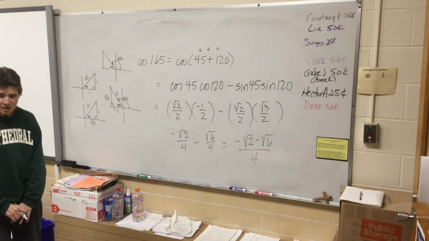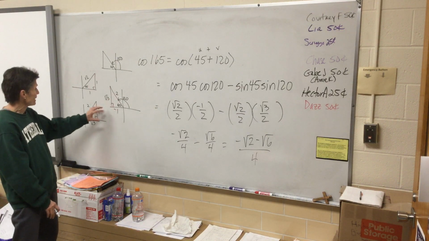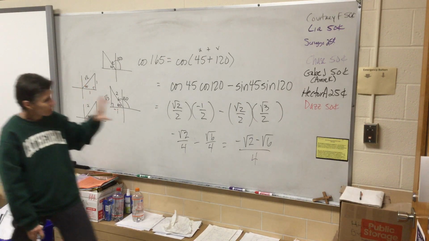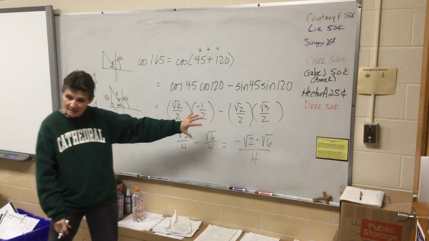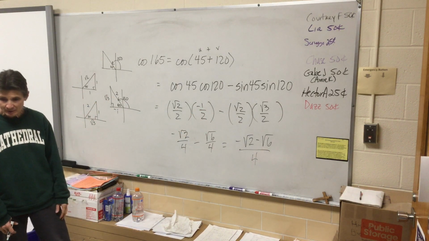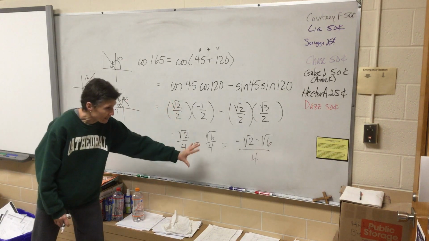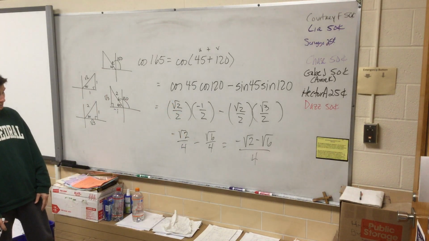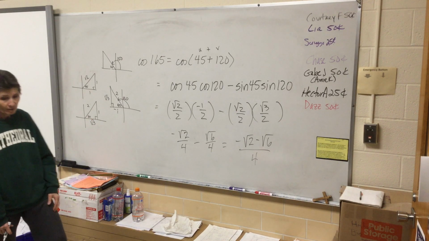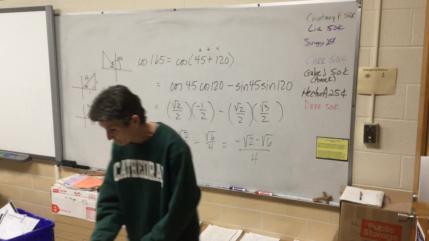Yeah, because the only angles we're using are the 30, 45, and 60, right? And that means the only numbers that are going to show up in here are 1s, 2s, root 3s, and root 2s. That's it. Those are the only options we're going to have over here. So we're usually going to get some combination of that. All right, anybody have a question about that one?